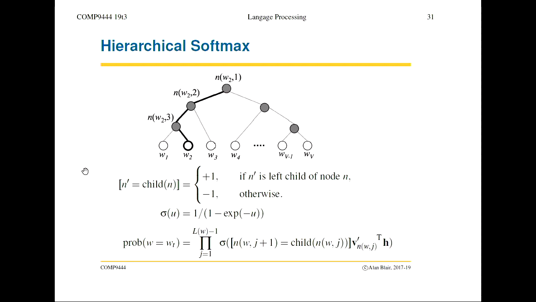If there's 60,000 leaves in this tree, this is the thing about a binary tree, there'll be 59,999 internal nodes. So the number of outputs is the same, but I only need to calculate the nodes that actually occur along this path, not the others.